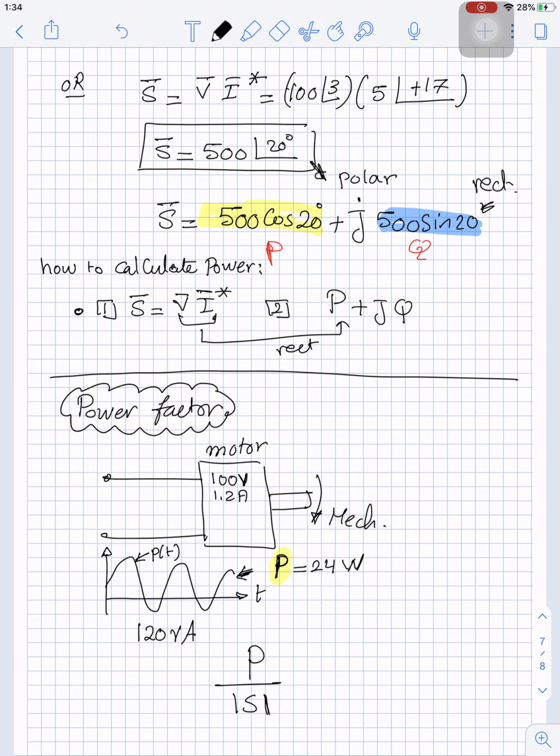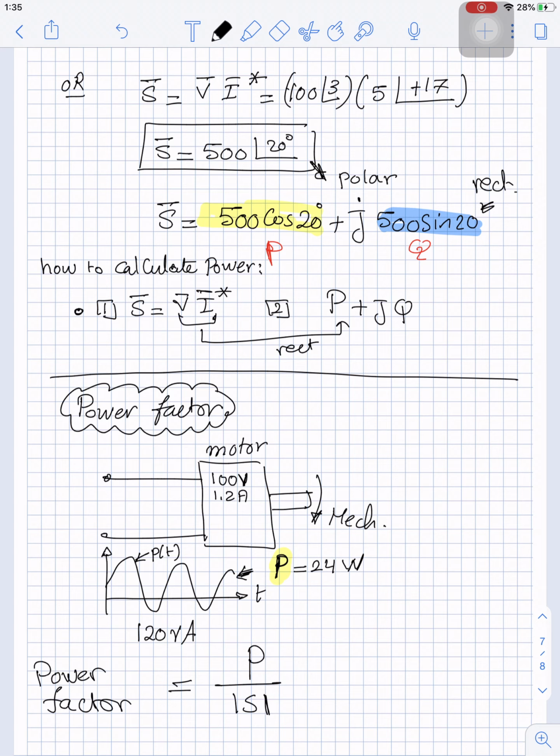It tells you what percentage of the power the motor is taking is actually productive and will be seen as a mechanical output. So we name this ratio the power factor. The power factor is the portion of the power that is productive relative to the apparent power.